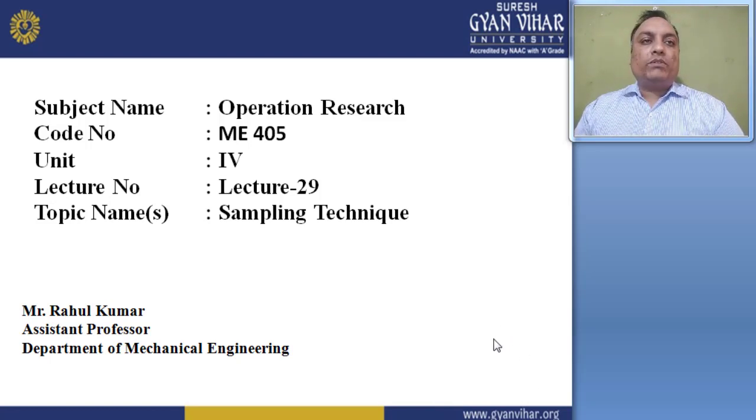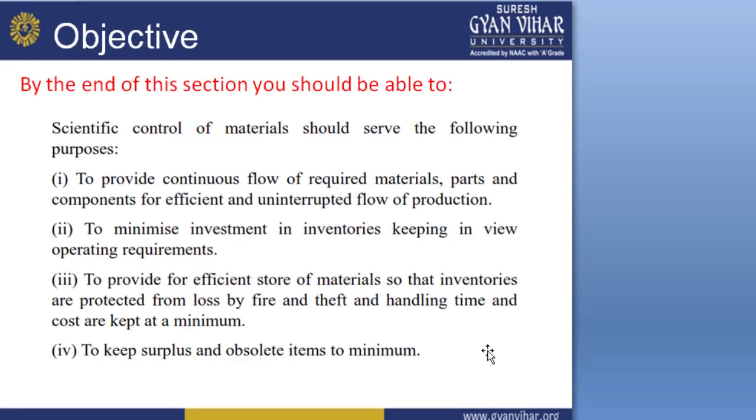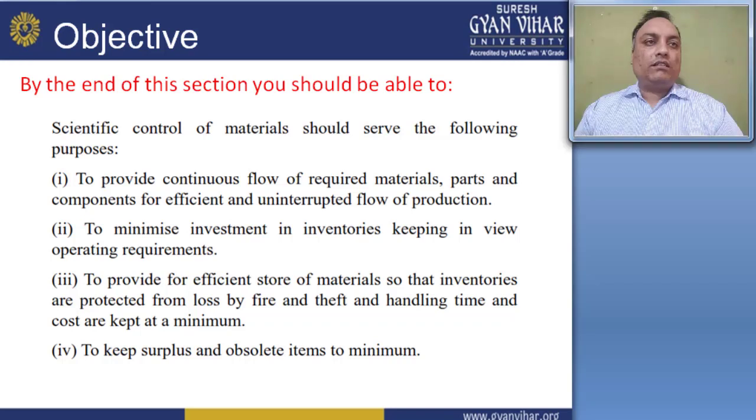So come to the objectives of this topic. By the end of this section you should be able to understand that the scientific control of materials should serve the following purposes. The sampling provides a continuous flow of required material, parts and components for efficient and uninterrupted flow of production.